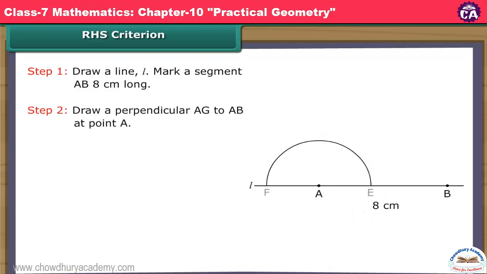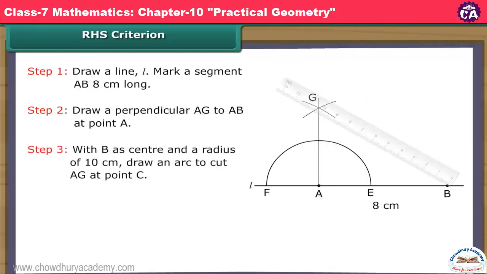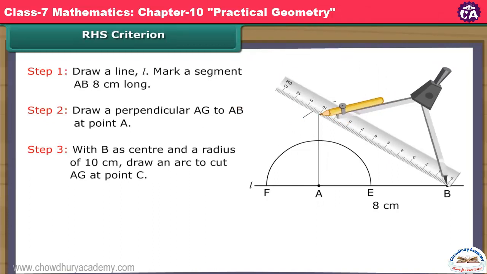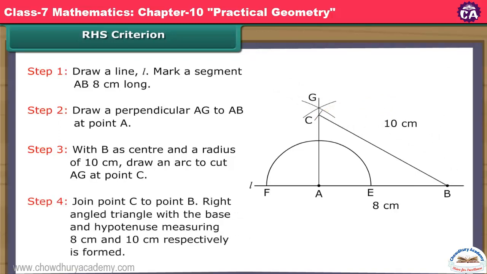Draw a perpendicular AG to AB at point A. With B as center and a radius of 10 centimeter, draw an arc to cut AG at point C. Join point C to point B. Right-angled triangle with a base and hypotenuse measuring 8 centimeter and 10 centimeter respectively is formed.